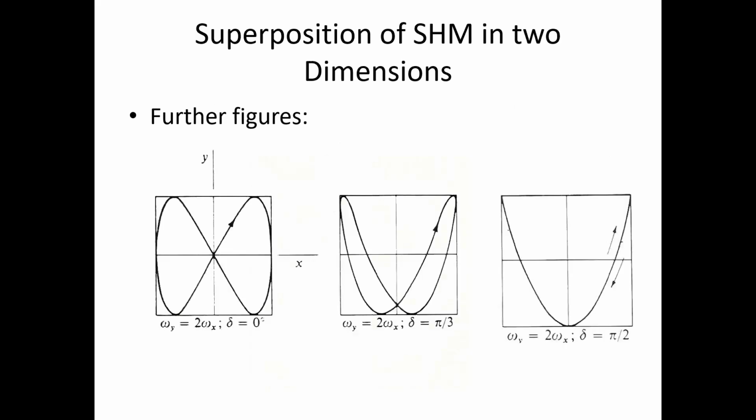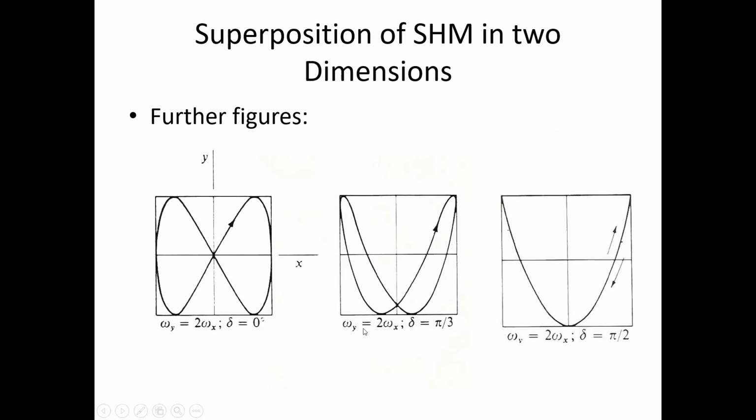As you can see here, for one example, omega y is equal to twice omega x. On the x-axis, the figure touches 2 points. On the y-axis, it only touches 1 point.